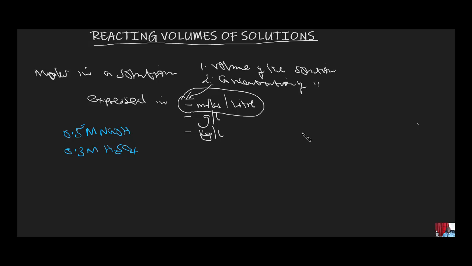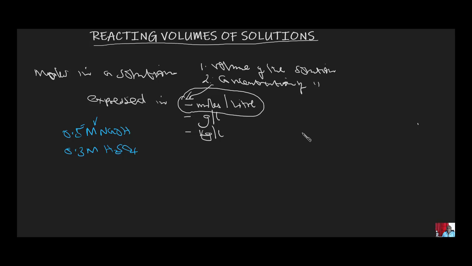These are examples of quotations of concentrations of these two substances. 0.5 M sodium hydroxide means what? How do we read it? We read it as 0.5 molar sodium hydroxide, not 0.5 moles. It is 0.5 molar sodium hydroxide, 0.3 molar sulfuric acid.